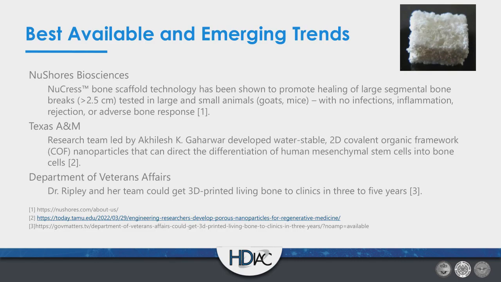We're on slide 20 right now. We're going to talk about some of the best available technologies that we have in this area. I want to focus on the top one first and talk about New Shores Biosciences. New Shores has the exclusive global license to patented and patent-pending bone and tissue regeneration technology developed from the University of Arkansas at Little Rock. They have had DoD funding over the years to develop this.